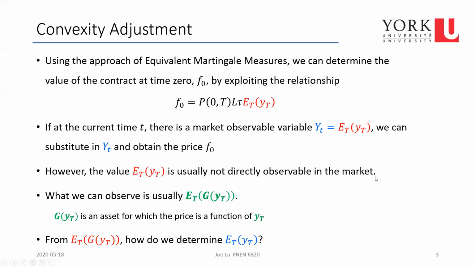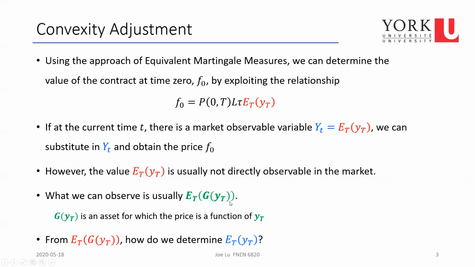So what are you going to do? Typically, what you have in the market is an expected value of the realized price at maturity, and this is equal to the forward price of the bond. So you do have a forward price observed for the bond.